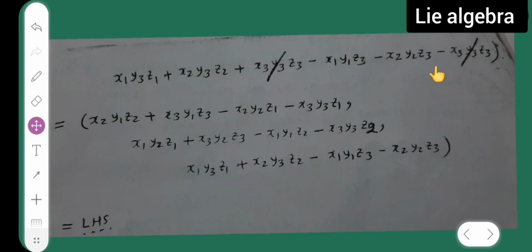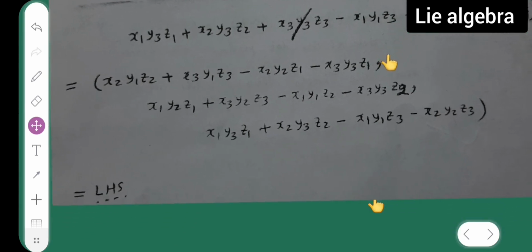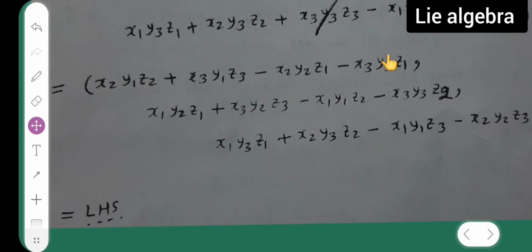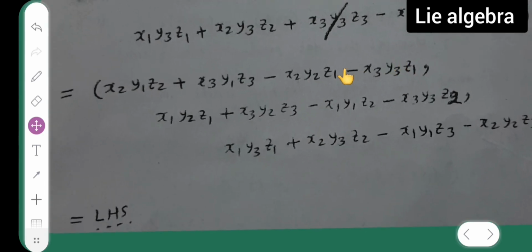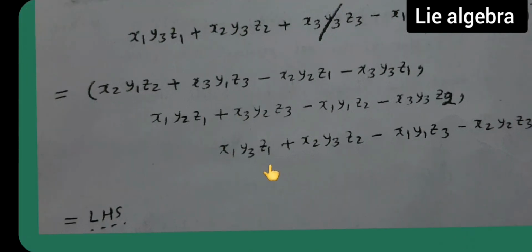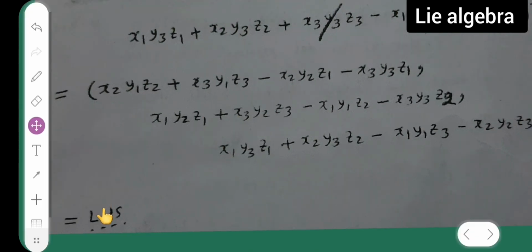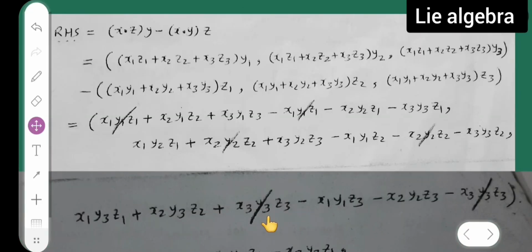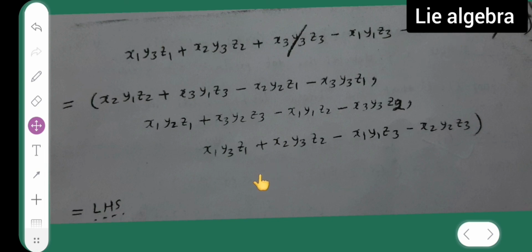So we don't want this page; from here, what is remaining is your left-hand side. This part is from this page, and with this I'm done with the second part.